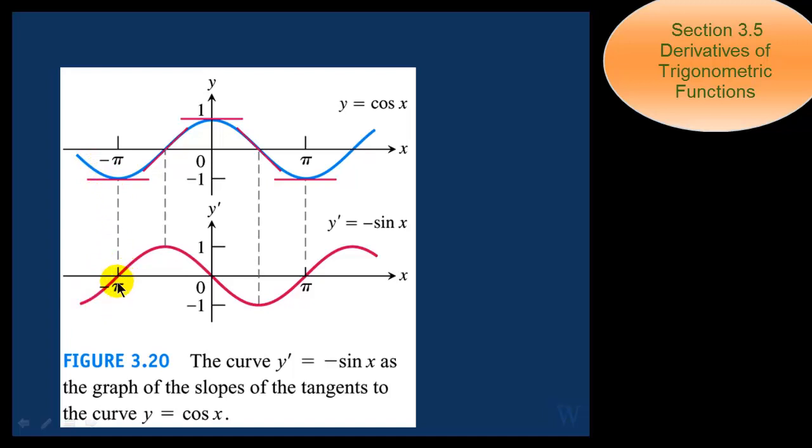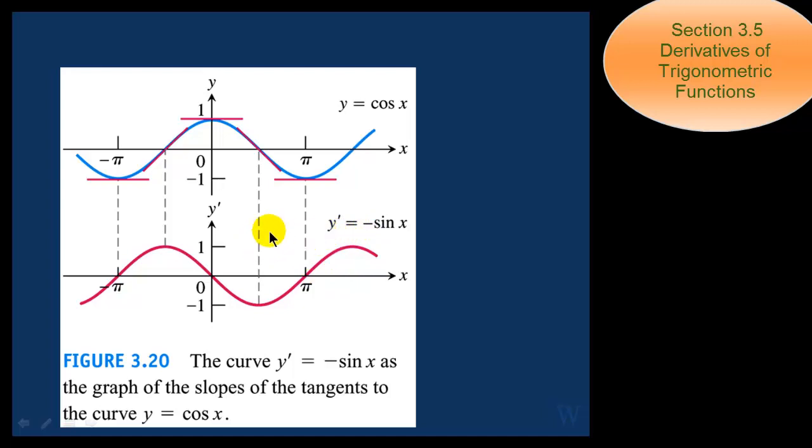And then from 0 to pi, the slopes of the lines tangent to the curve are all positive. That's why the derivative function is above the x-axis. And then from 0 to pi, it will be negative slopes, so the curve of the derivative function would be negative, below the x-axis, and so on and so forth.